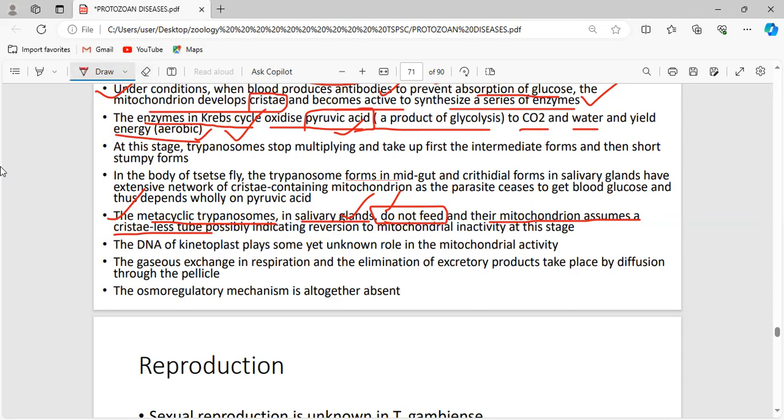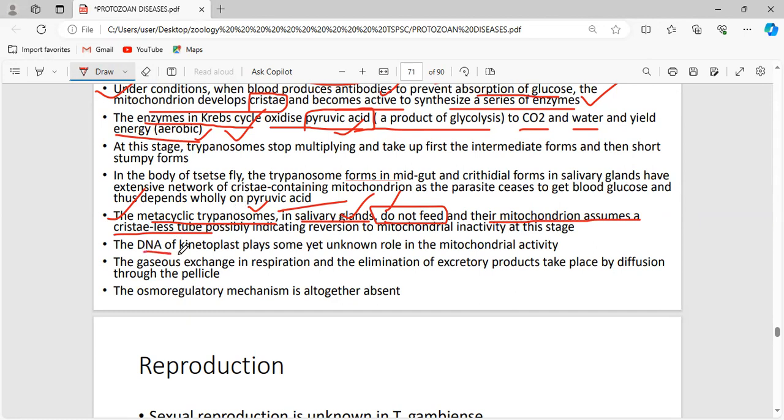Once they have completed all the above process, the metacyclic trypanosomes present in the salivary glands are the next form. As they do not feed, they do not need any energy. As they do not need energy, the mitochondria have lost their cristae, and once the mitochondria lose their cristae, they become inactive.